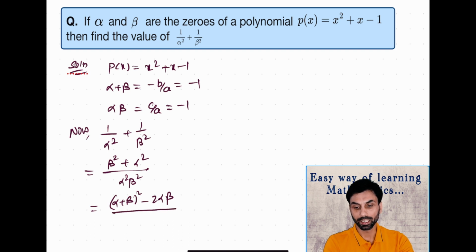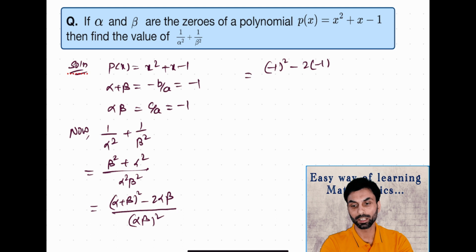It will be divided by alpha beta whole square. When you substitute the values, you will get minus 1 square minus 2 into minus 1, divided by minus 1 square, which will be 1 plus 2 upon 1, which will be 3.